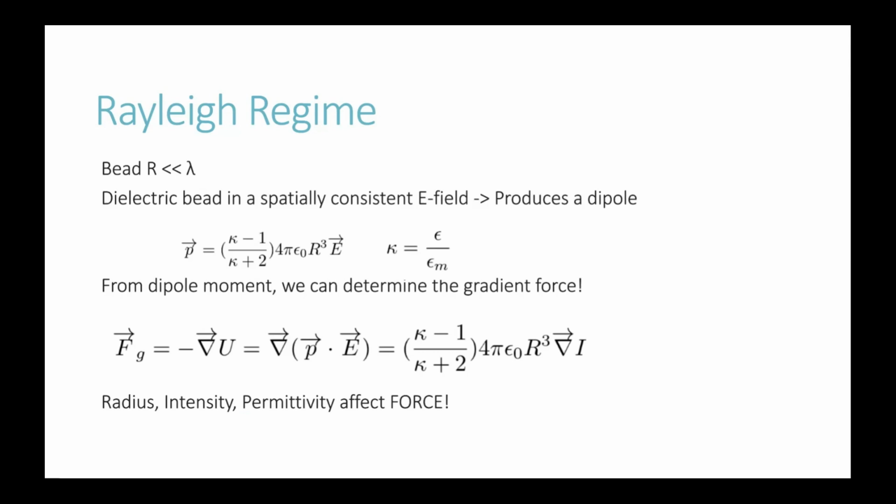And from this equation, we understand that other than the properties of the medium and beam itself, the force is directly proportional to the radius and the intensity of the beam itself.